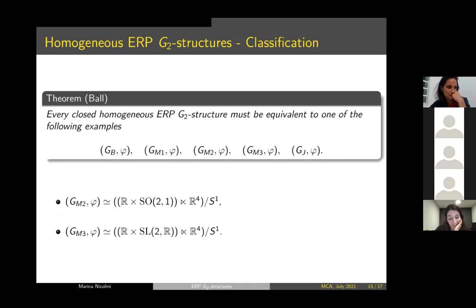I think he found lattices in this G over S1, he found lattices on these groups, which is unimodular. Okay, thank you.